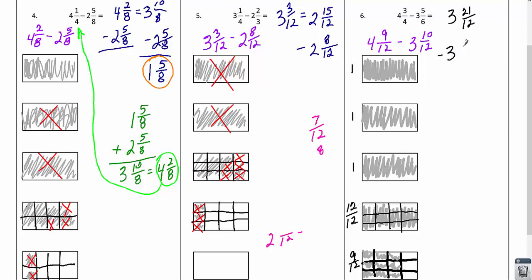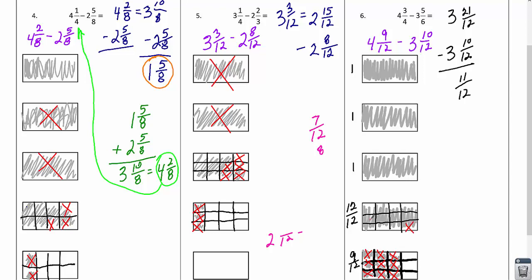Now I have enough. I can take away 3 and 10/12. 21 take away 10 is going to be 11. I started to write a 9 there, but I meant to write an 11. That's going to be 11/12. Let me actually do that takeaway. I've got to take away 10 of these. 1, 2, 3, 4, 5, 6, 7, 8, 9, and 10.